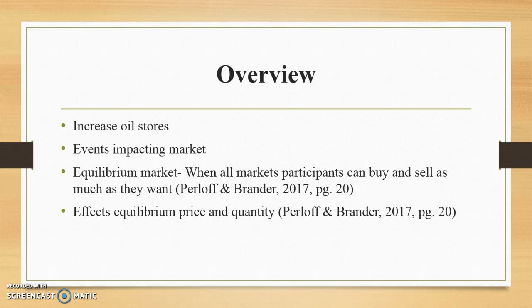The equilibrium price is a price at which consumers can buy as much as they want and sellers can sell as much as they want also. At this price, the quantity demanded will equal the quantity supplied. The quantity is called the equilibrium quantity. So what we're looking for is shifts in the equilibrium price or quantity and how these different scenarios will work into supply and demand and how it will fluctuate. And that is what we're going to be going over today.